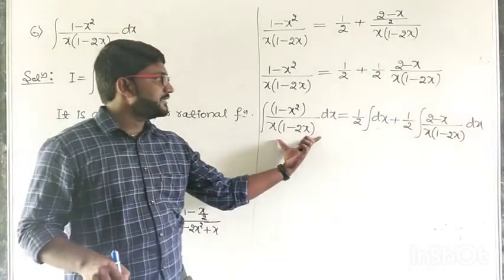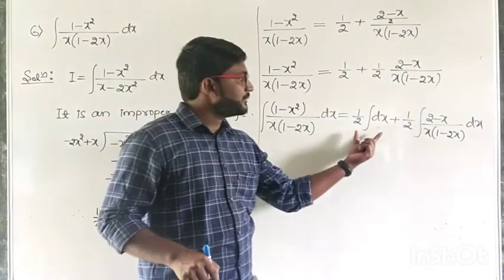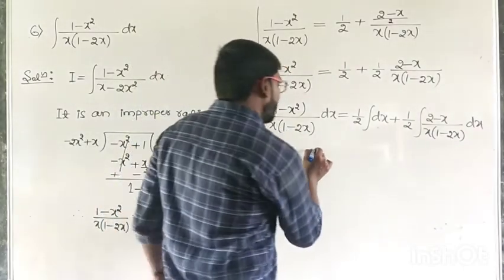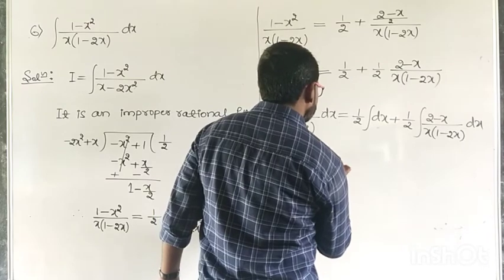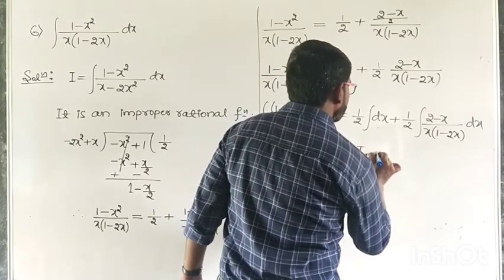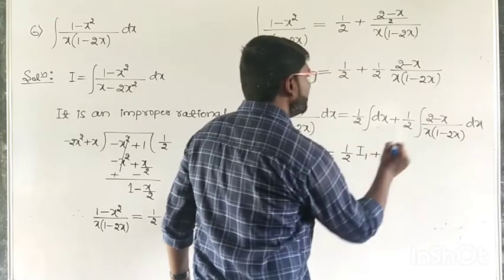In order to get this value, we have to get the values of these two integrals. I take this as I, which is equal to 1 by 2 into I1 plus 1 by 2 into I2.